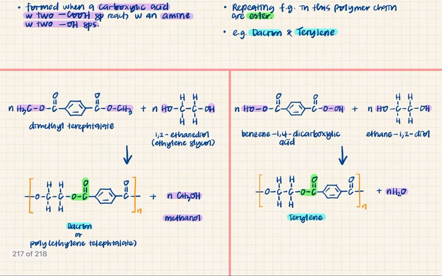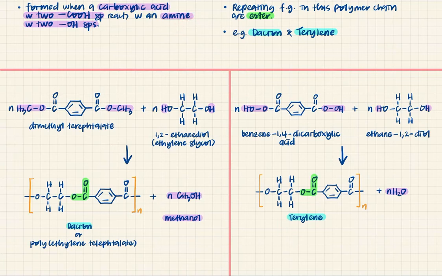Here we have the formation of Dacron. When you react your carboxylic acid with 2 carboxyl groups here with your ethane diol, you will remove methanol. I think I got this part wrong.